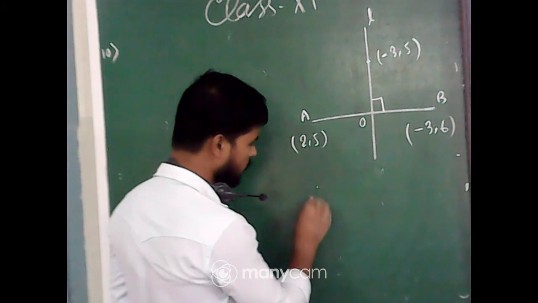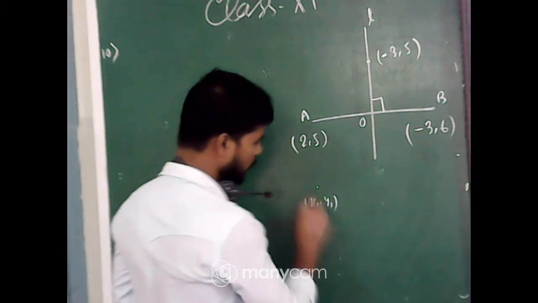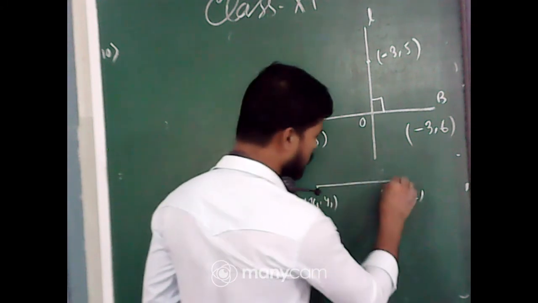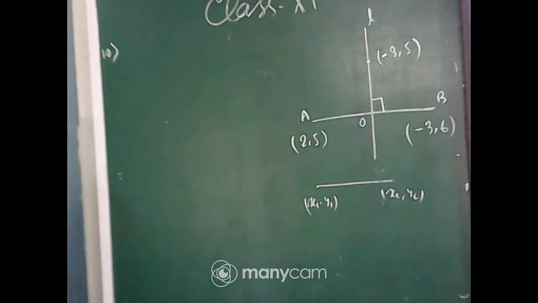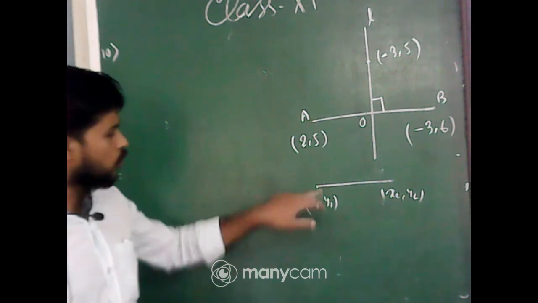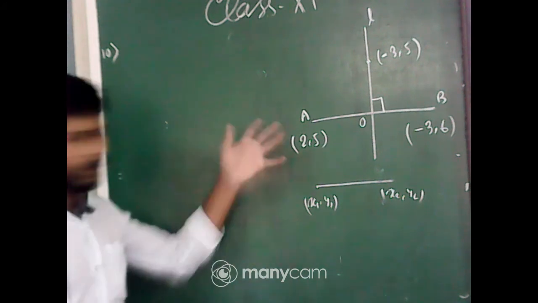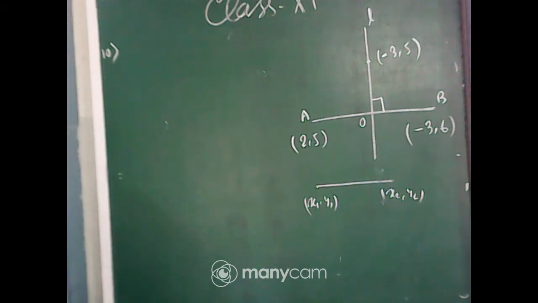Now look, there is a formula. Suppose there are two points (x1, y1) and (x2, y2). If I join these two points, we have a straight line. There's a formula for finding the slope of the straight line. I have discussed all the formulas in the previous class, but unfortunately you were not there.